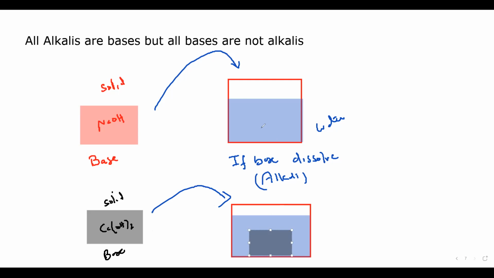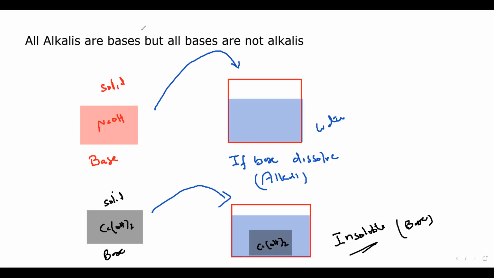So if that base does not mix with water, we say it is insoluble in water, it does not dissolve in water. If it is insoluble in water, we simply call that a base. So all alkalis are bases, but not all bases are alkalis.